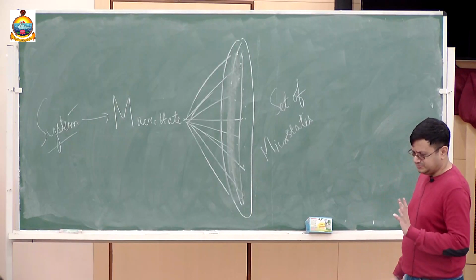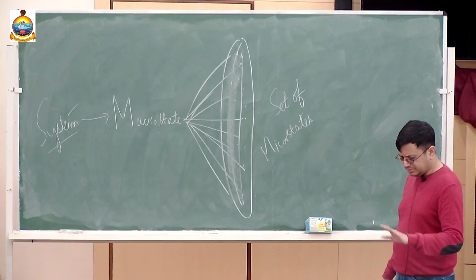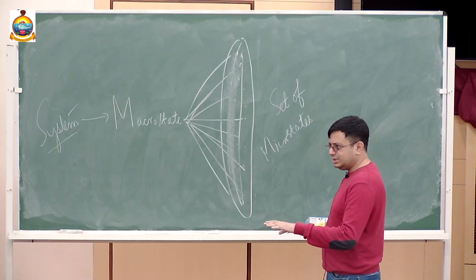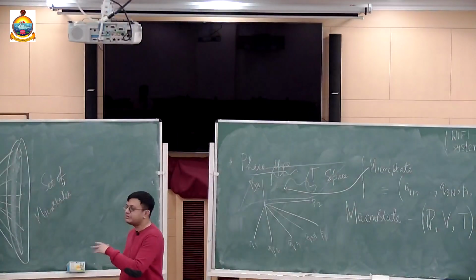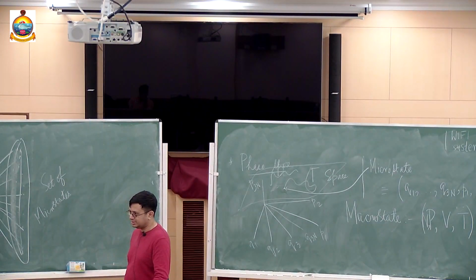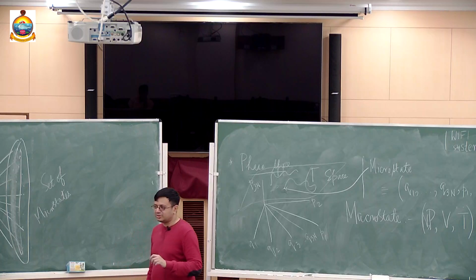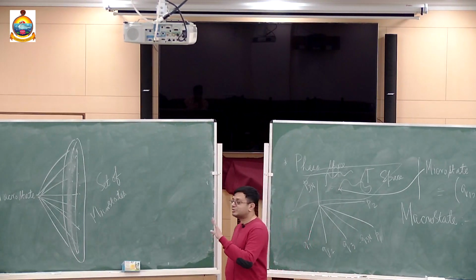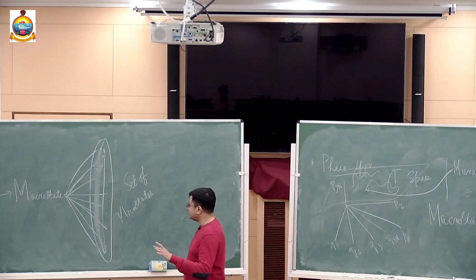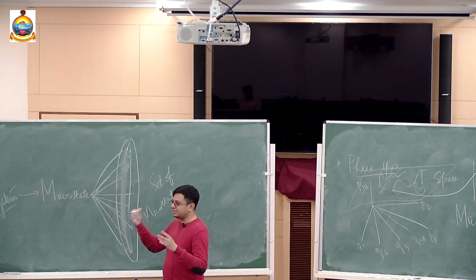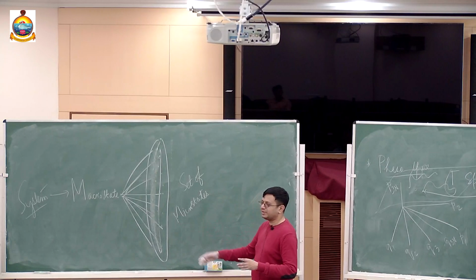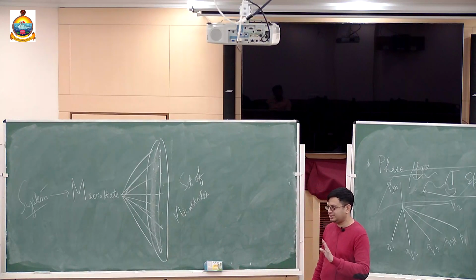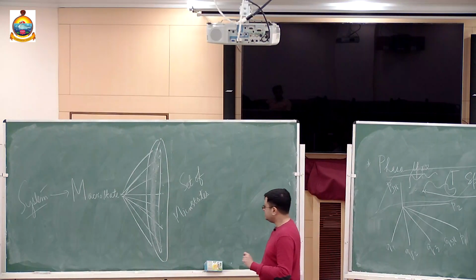So that's my one system. Now this system is constituted of atoms and molecules, and they form different possible microstates which are consistent with this. One should not refer to them as systems. They are just microscopic configurations, and instead of saying this big phrase over and over again, I call it a microstate. That's it. Okay.